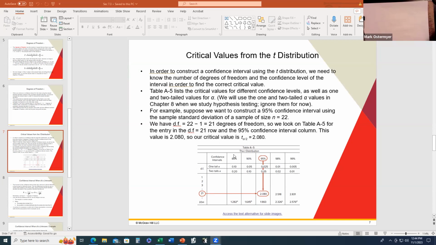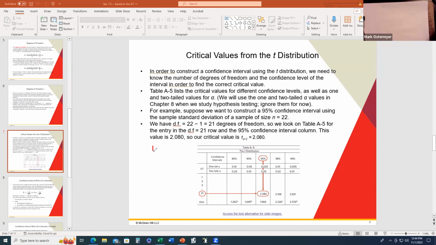And these critical t-values are dependent upon 2 things: your level of significance or your level of confidence, and also the number of degrees of freedom, which depends ultimately on the size of your sample. But we don't really have to deal with that anymore, because we have a calculator that can compute these critical t-values for us. Let me show you an example.